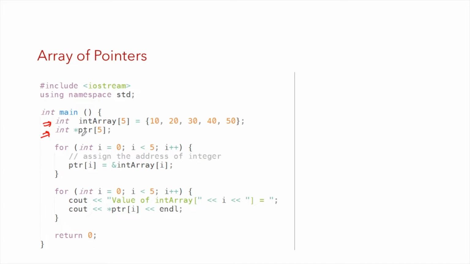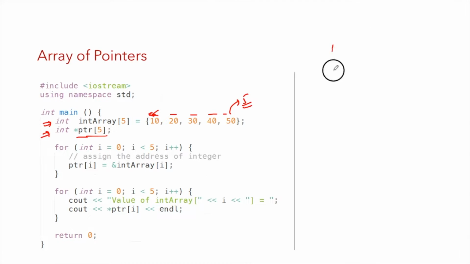Like we have 5 variables over here which are combined into one array, we can have 5 pointers which are combined into an array. So we are using these pointer variables to point to all these normal integer variables, and each pointer is going to point to these address locations.